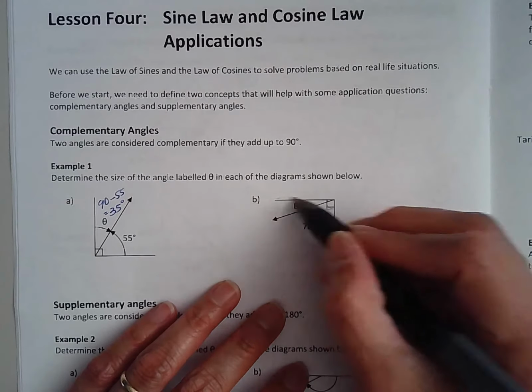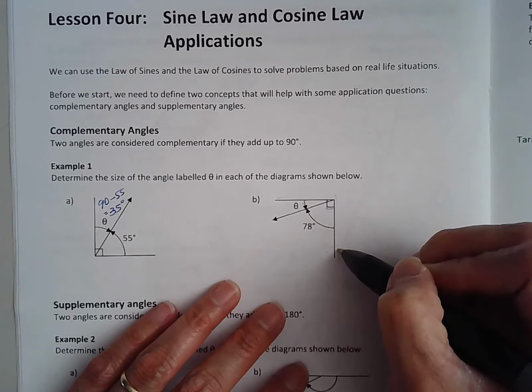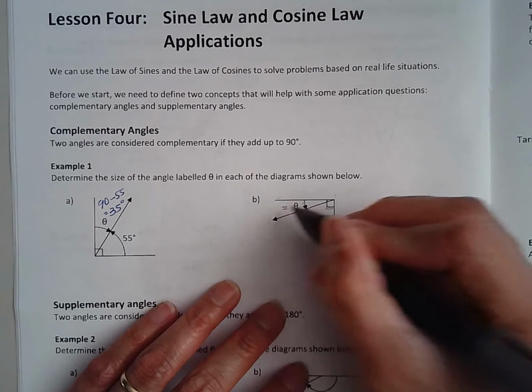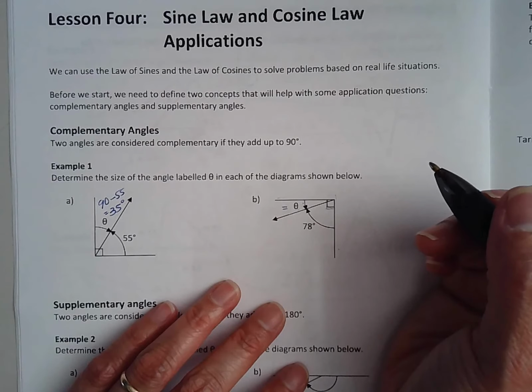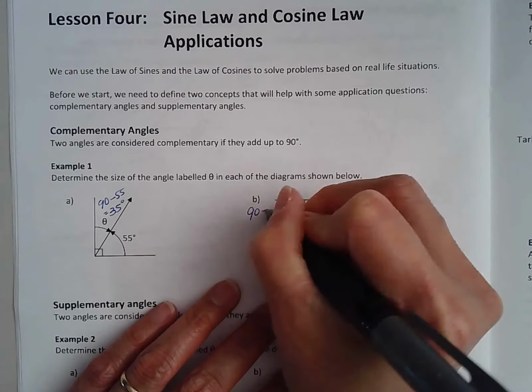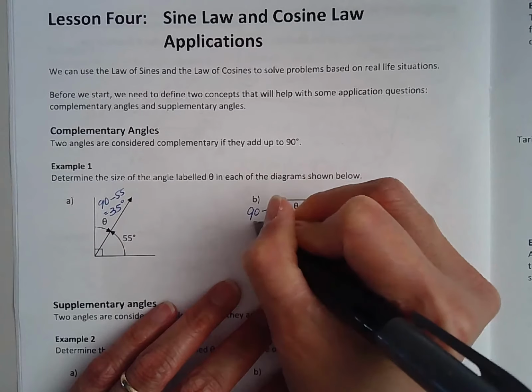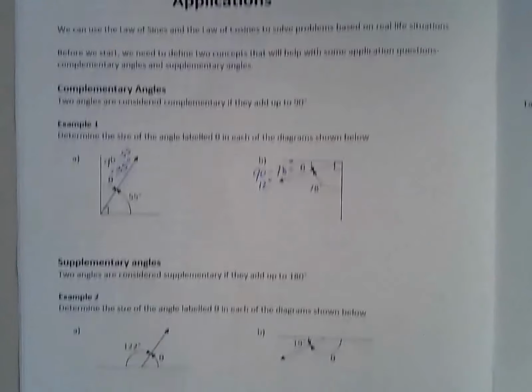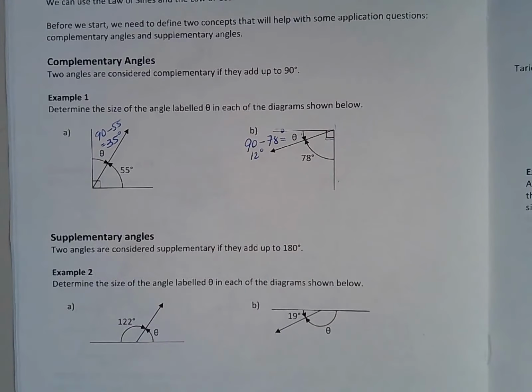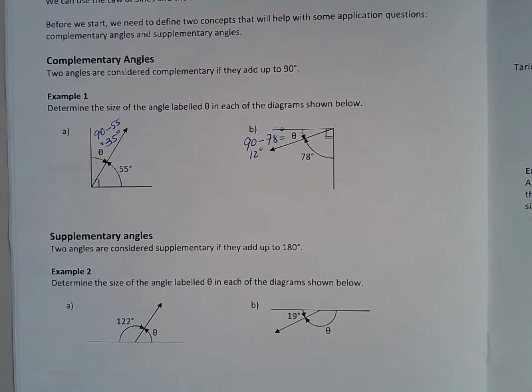So if this is 90 degrees, the L shape is 90 degrees, this one would be 12, yeah? How did you think about 12? Yeah, 90 minus 78, that gives us 12 degrees. Fantastic. Okay, so complementary adds up to 90.